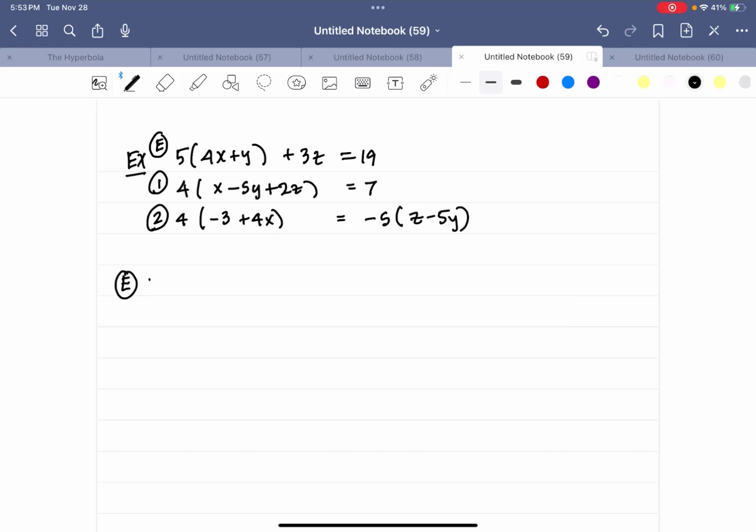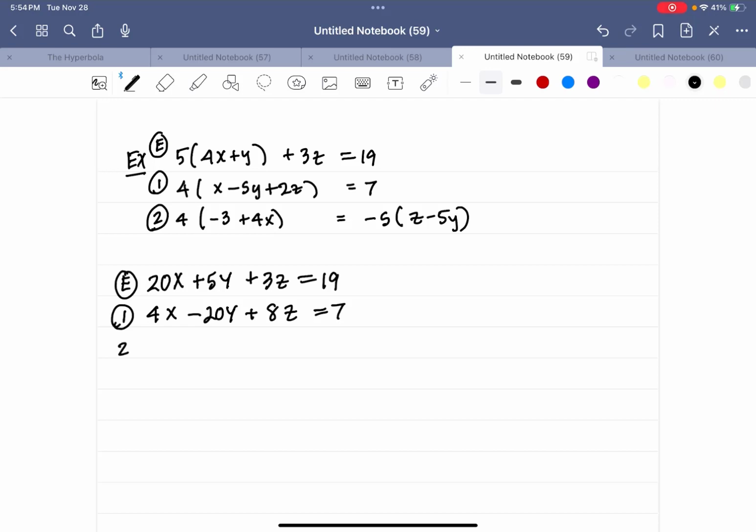So I need to work on E first. That's going to be 5 times 4, 20x plus 5y plus 3z equals 19. So that's our right format. Number 1, I've got a 4x, a minus 20y, a plus 8z equals 7.